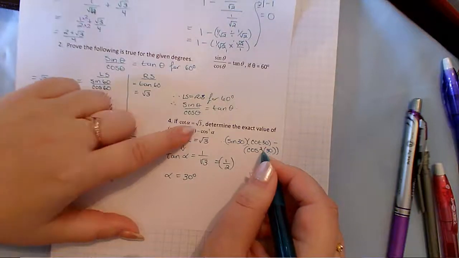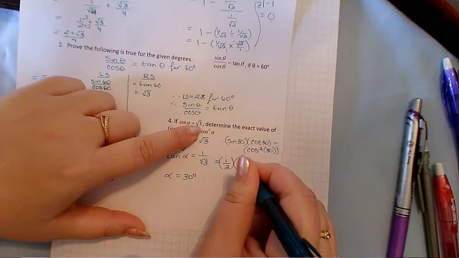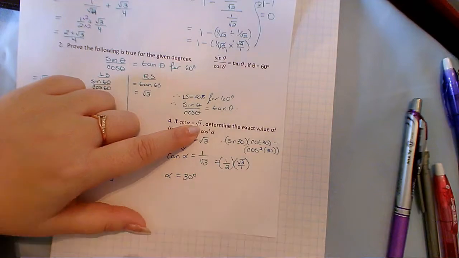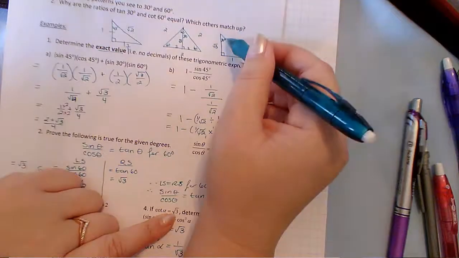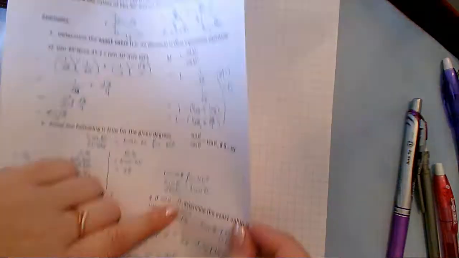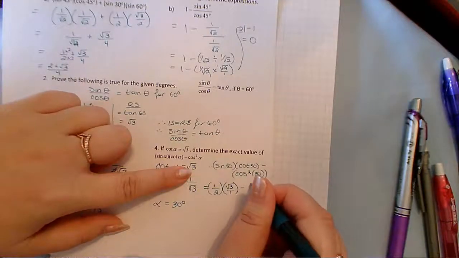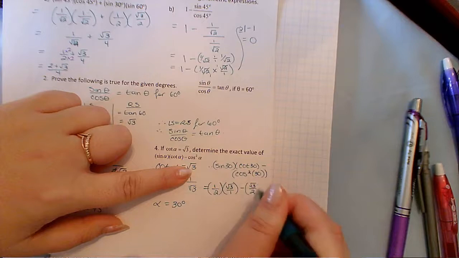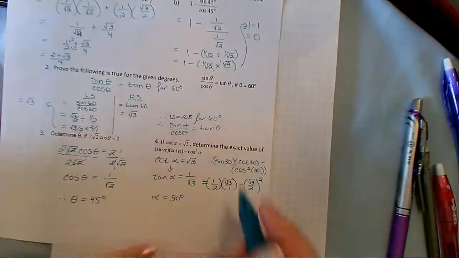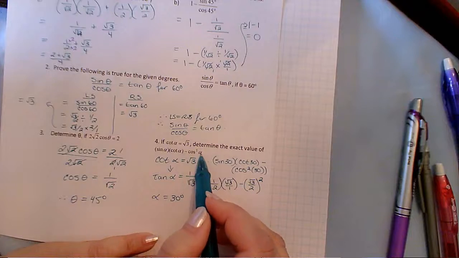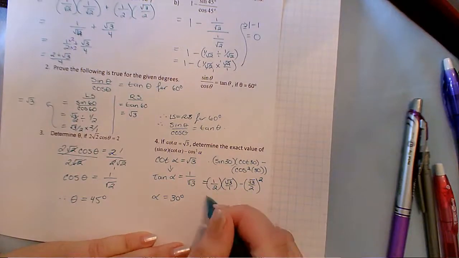Cot 30, well, it just gave it to me in the question, which is just root 3. You can put the 1 at the bottom if you like. And cos of 30 is adjacent over hypotenuse, root 3 over 2. But notice it's squared. So what this means is that the answer to your cos ratio is squared. So cos squared alpha is cos alpha all squared.